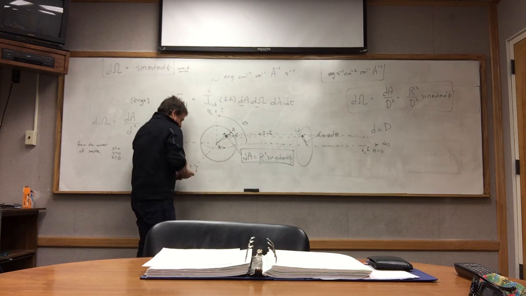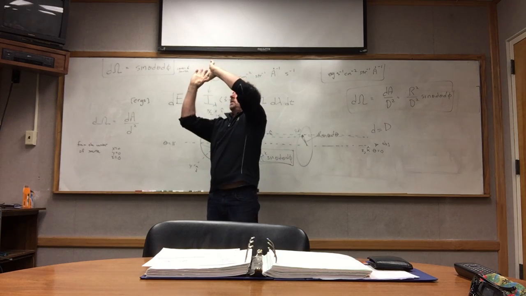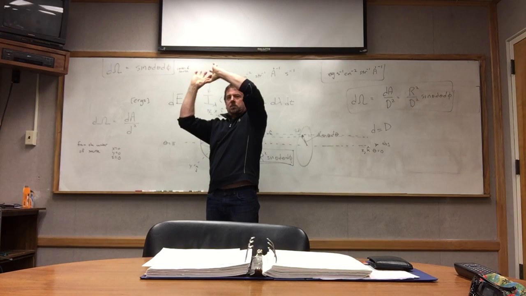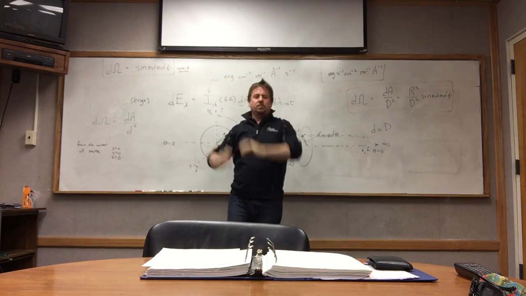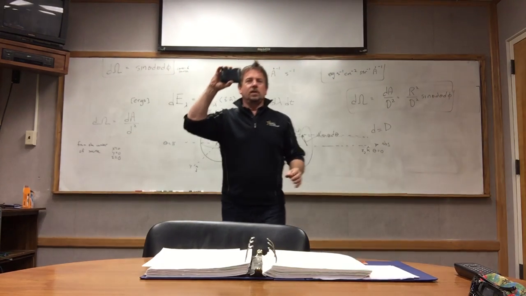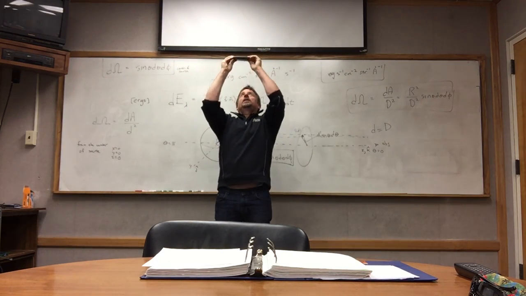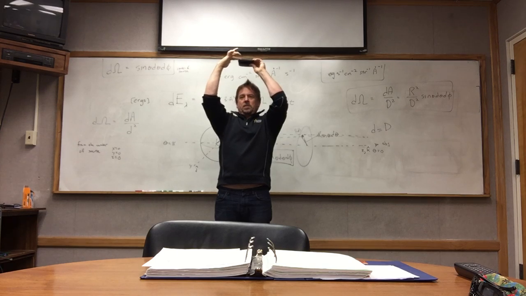So in other words, if I have an area element like this and I move it like that, you don't see as much of it anymore, do you? The area element that you see in projection. Okay? Is that helping? Maybe I should use my wallet. Here's an area element. Okay? And then if I move it along the sphere, now you don't see any of the area element, do you?